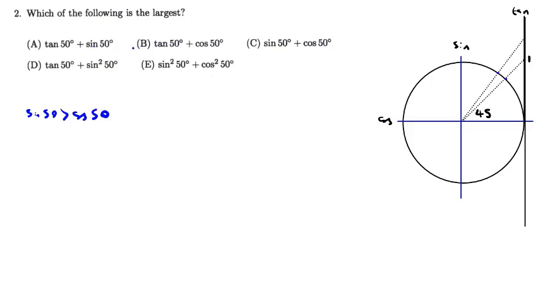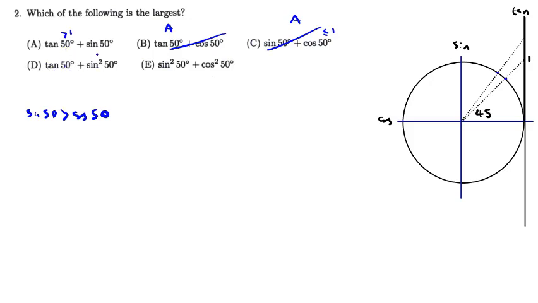If you consider these two cases, we can cancel A and B, because with A we reach a contradiction. Tangent 50 is greater than 1, and cos 50 is at most 1. Again, by using part A, you can reject this one.